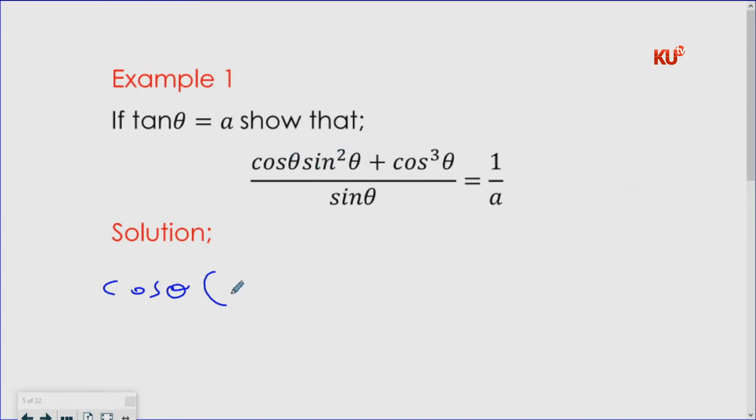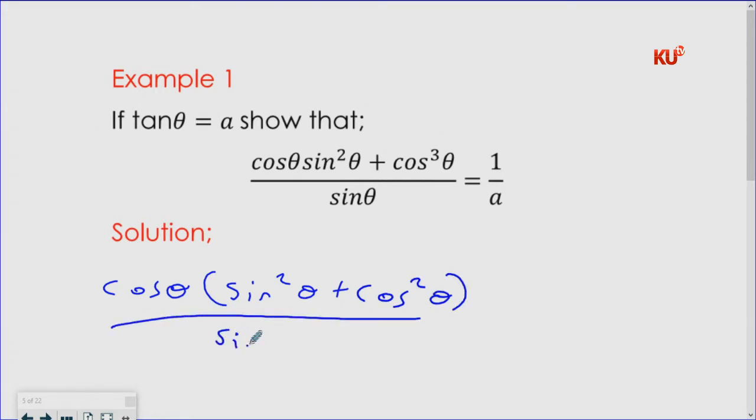I'm left with sine squared theta plus, remember we have cos cubed theta here, but I've taken 1 outside, so I'm left with 2, that is cos theta times cos theta, which is cos squared theta, over sine theta. So we have to prove that this is equal to 1 over A.